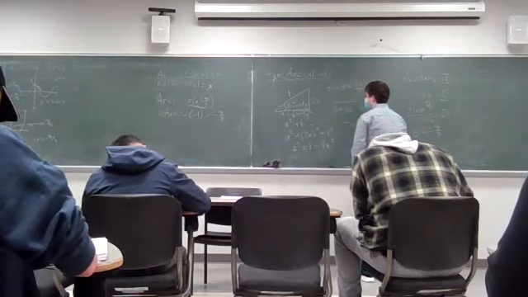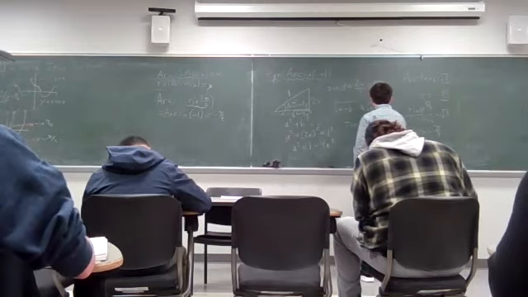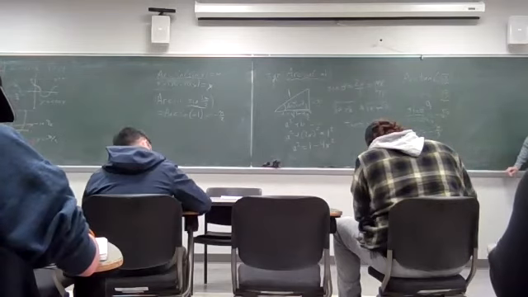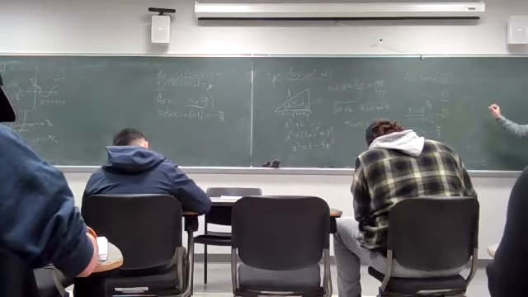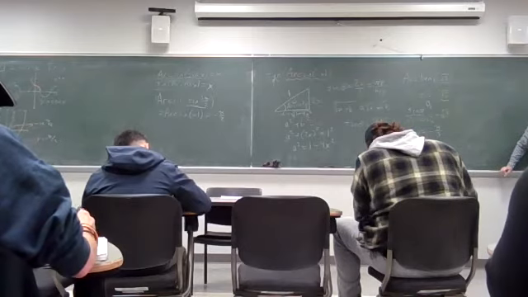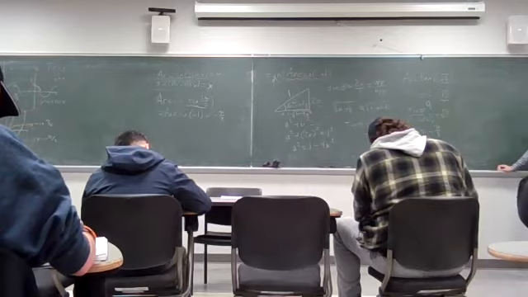What's my adjacent side? So tangent of the arcsine of 2x is the same thing as 2x over the square root of 1 minus 4x squared.